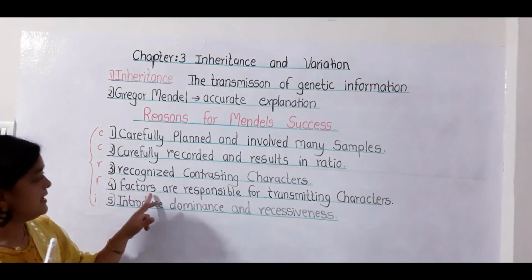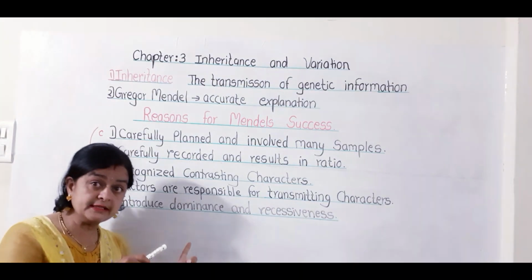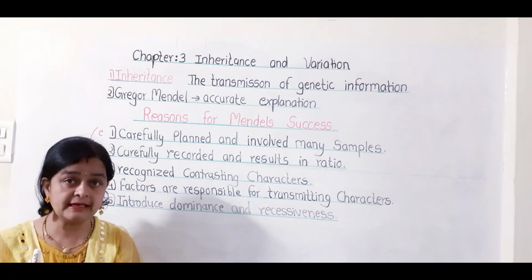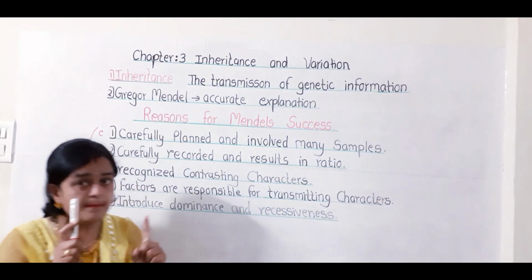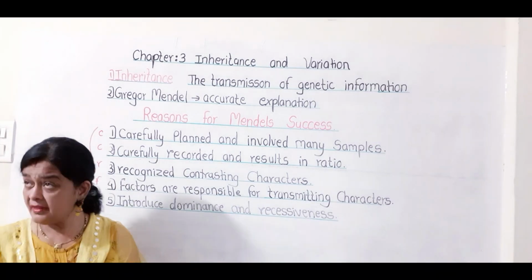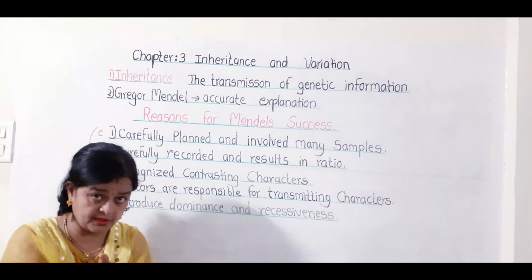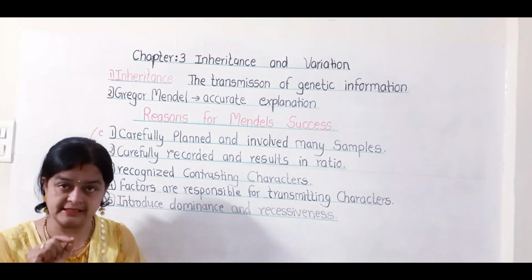Next, factors are responsible for transmitting character. Mendel is the person who first explained that factors are responsible for inheritance. He explained that characters are transferred from one generation to another, but at that time he did not know about genes.